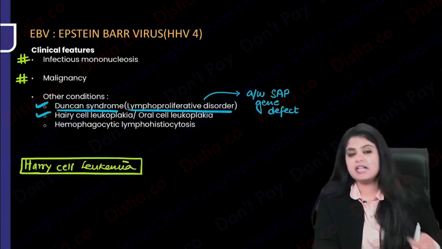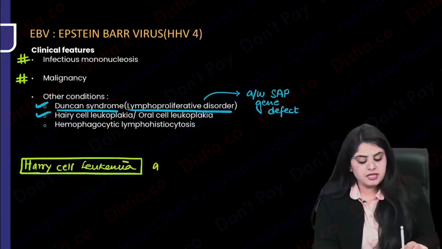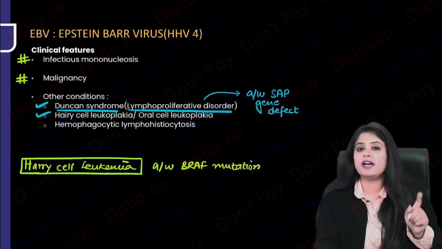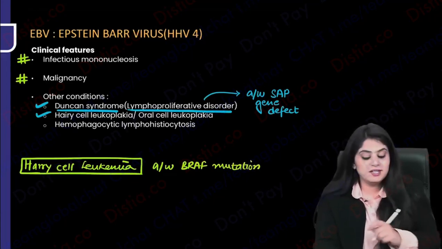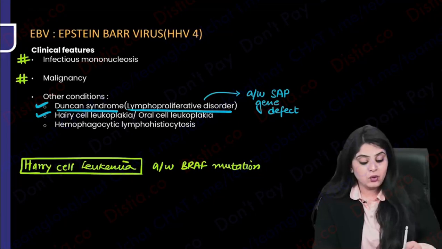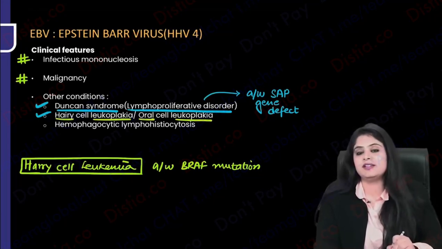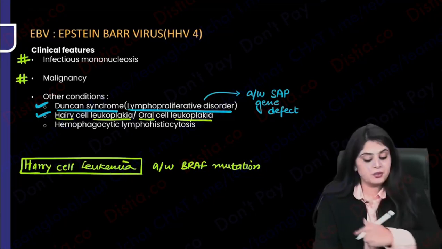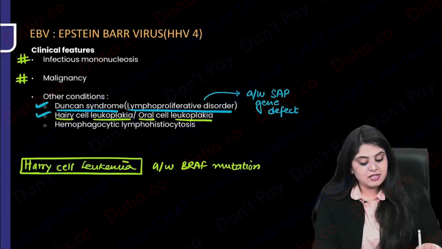Hairy cell leukemia had nothing to do with Epstein-Barr virus. It was associated with BRAF mutation. And if you've heard my pathology lectures, you know the story of that viral TikTok boy over here, right? So you know it's a very hilarious story. That was totally different. This is oral hairy leukoplakia that I have, which is with Epstein-Barr virus. So like I ended up fumbling out here. Don't do that. Okay, coming to the next.